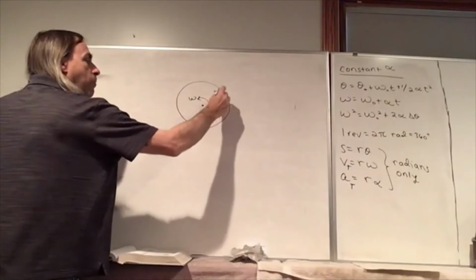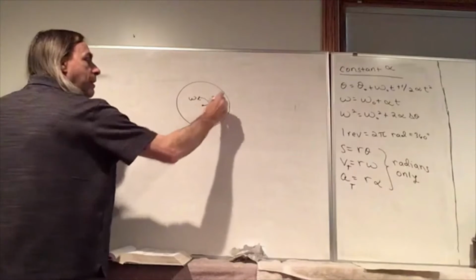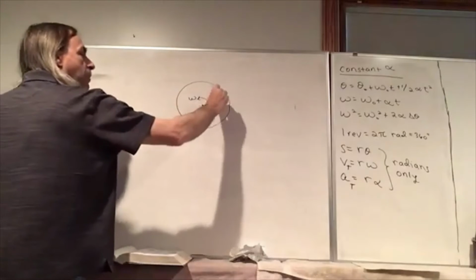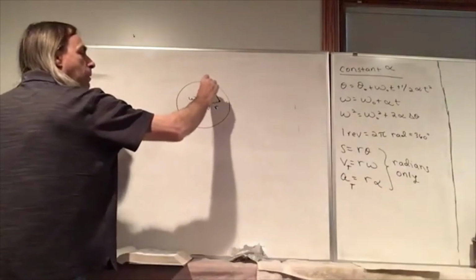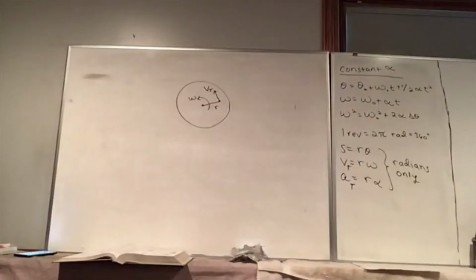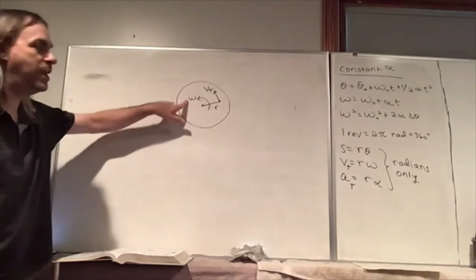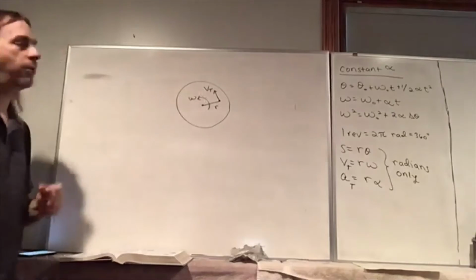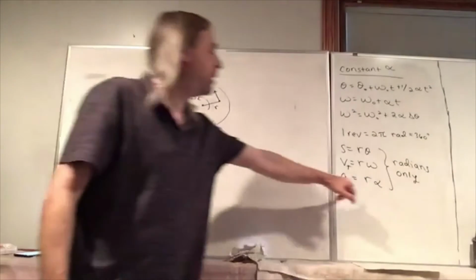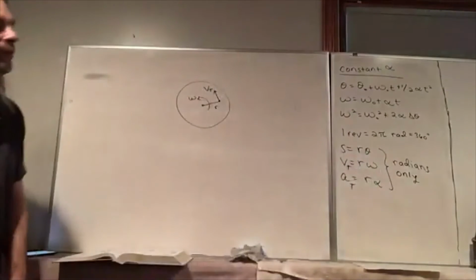So we look at this point at a distance r, and it has a tangential velocity that depends on both the distance from the center of rotation and also on the angular velocity. So if the angular velocity is changing, that means the tangential velocity is changing, which means we have a tangential acceleration, and that is given by r alpha.